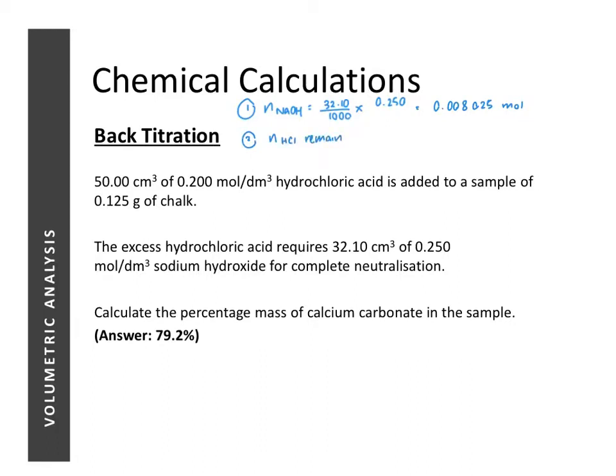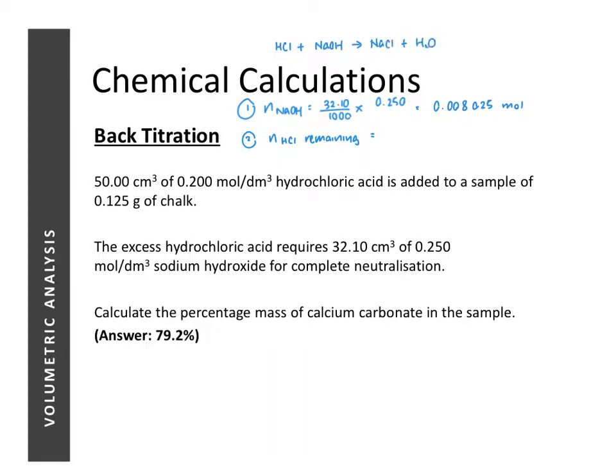Alright, so is this amount of HCl that was remaining the amount that actually reacted with sodium hydroxide? So how do we find that? We need to firstly know the reacting ratio between HCl and sodium hydroxide. Alright, so we need to write out the chemical equation, which is like that.